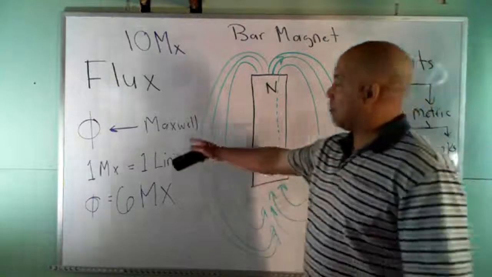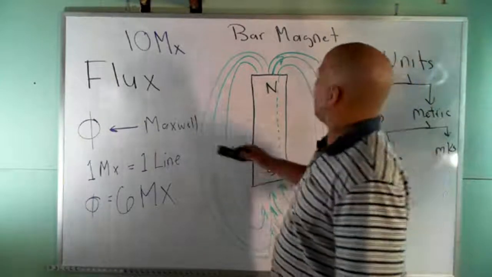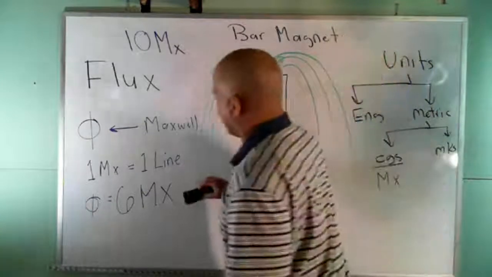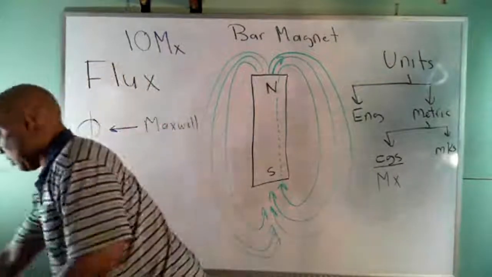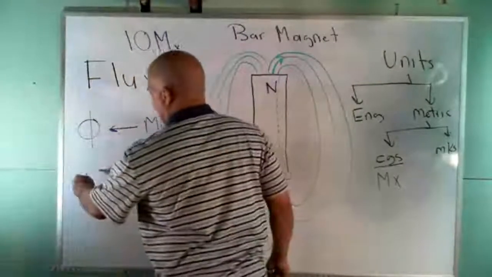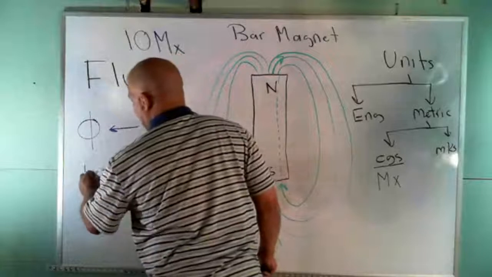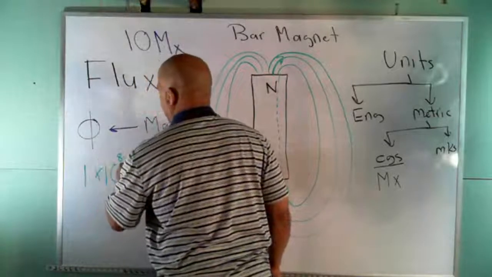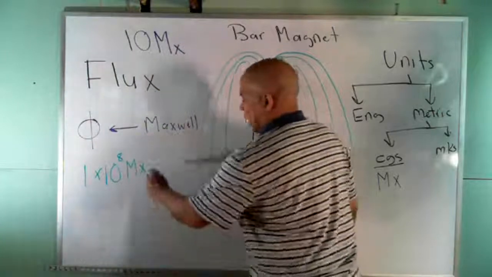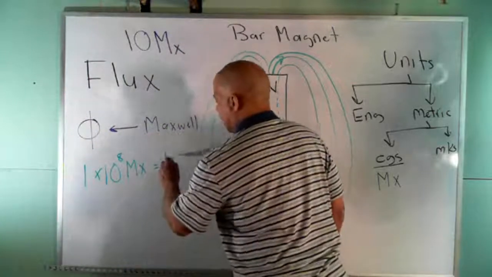The Maxwell represents individual lines, but then what they say is, all right, if I have 1 times 10 to the 8th Maxwells, I'm going to call that 1 Weber.